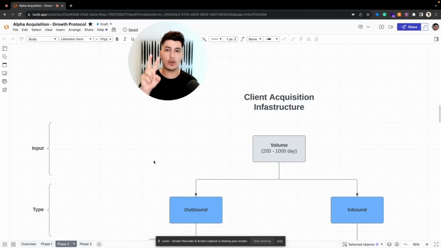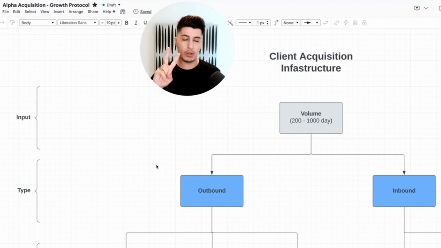Events that touch on a user or on someone and grab their attention to show them something about what you do and how you could potentially help that person. So when we talk about 200 to 1,000 a day, bare minimum, we are talking about touch points, which mean attention events.